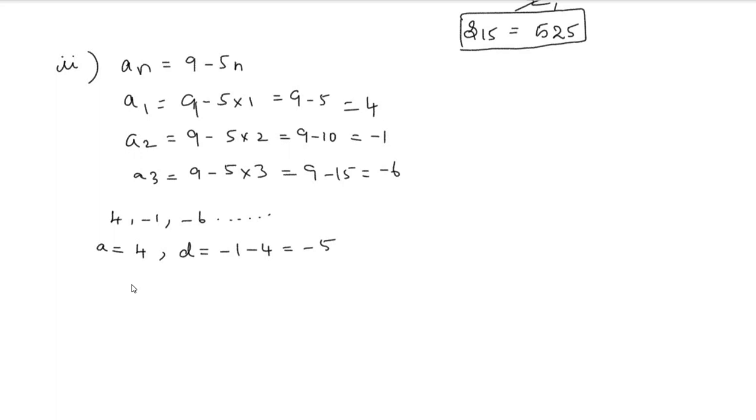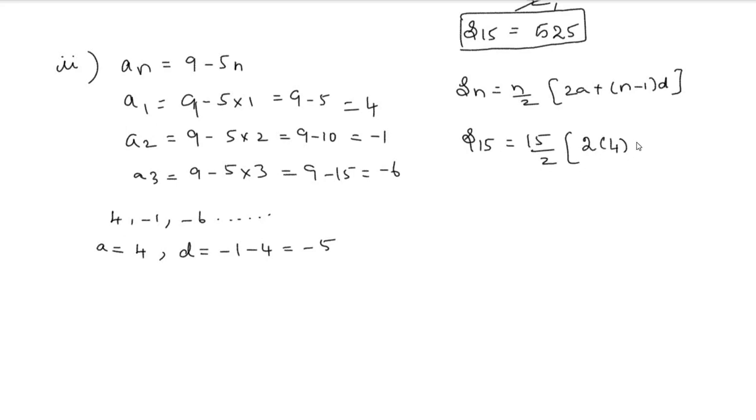Now let us find Sn in this place. How will you find Sn? Sn is equal to n by 2 into 2a plus n minus 1 into d. So the sum of 15 terms: S15 is equal to 15 by 2 into 2 into 4 plus, n is 15, so 15 minus 1 into d, which is minus 5.